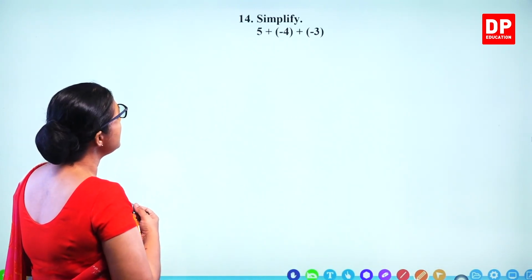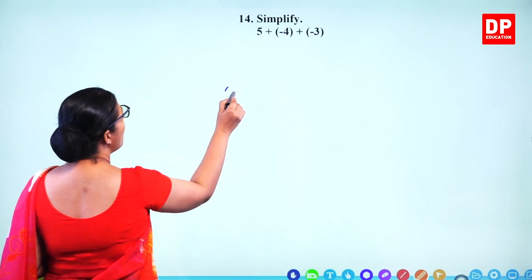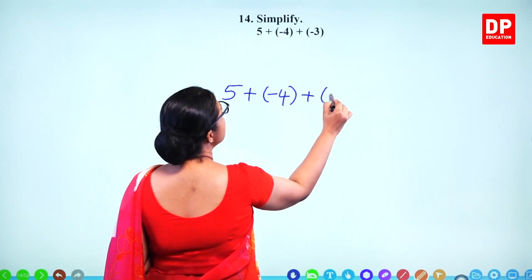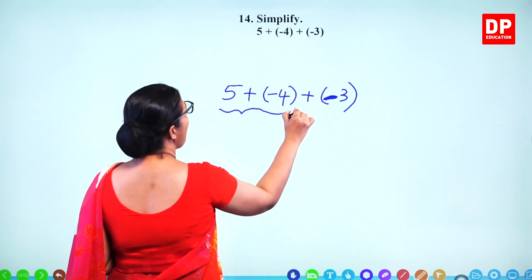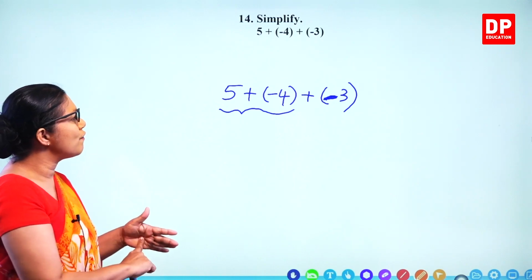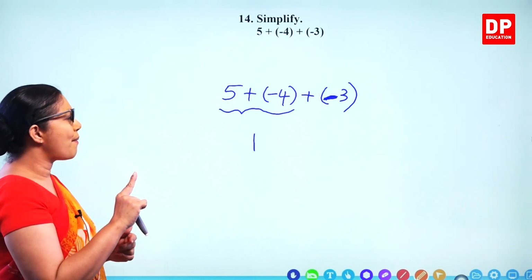Question number 14. Simplify: 5 minus 4 and then adding minus 3. So we can do 2 at a time. Different signs, what you do, take the difference. 5 and 4, the difference is 1. And put the sign of the bigger number, plus 5.